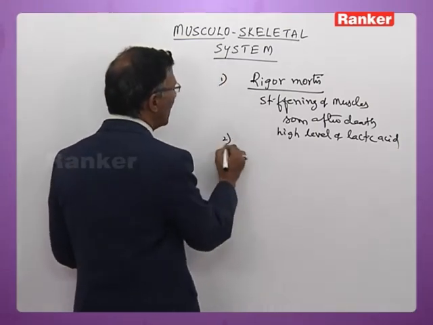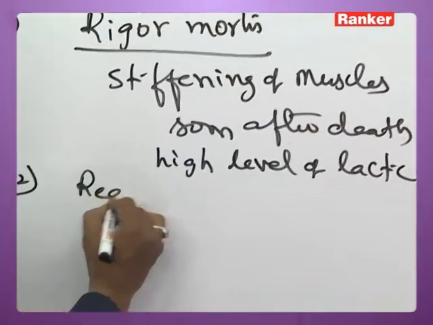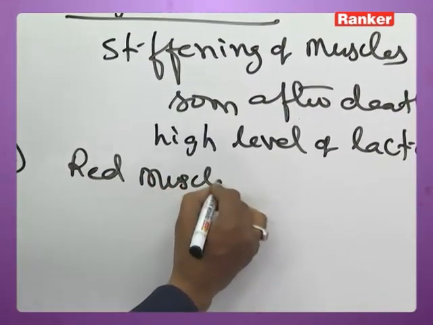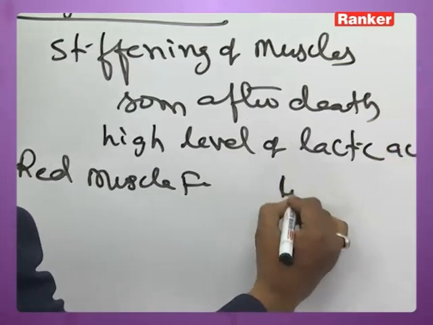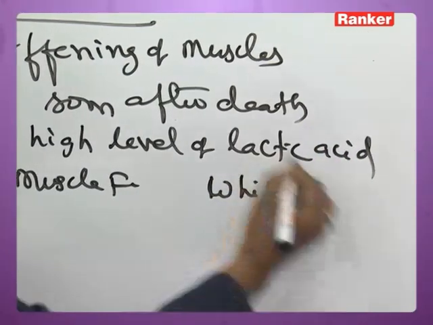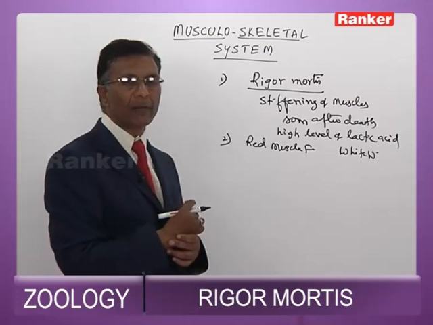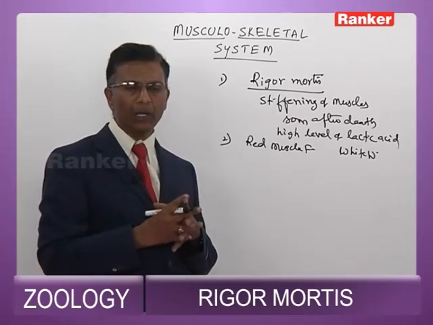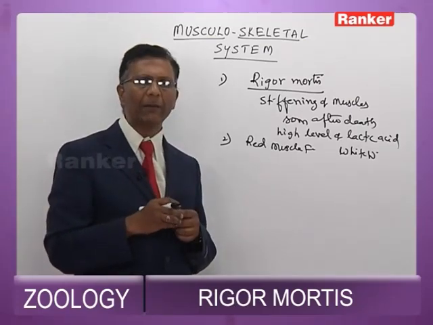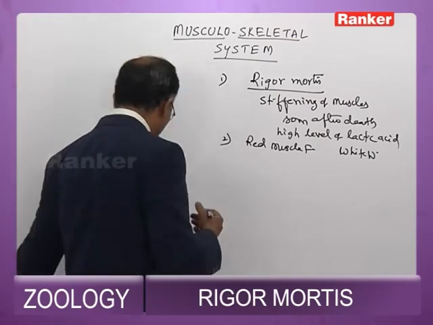Then next, students, we shall talk about red muscle fibers and white muscle fibers. The differences between these two muscle fibers are most important events, which can be asked in Comet K, AFMC and all that.